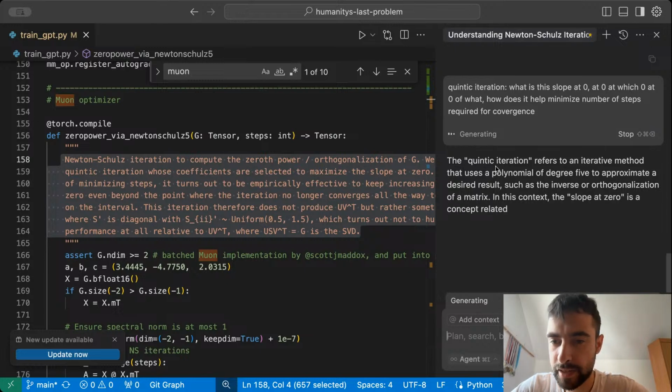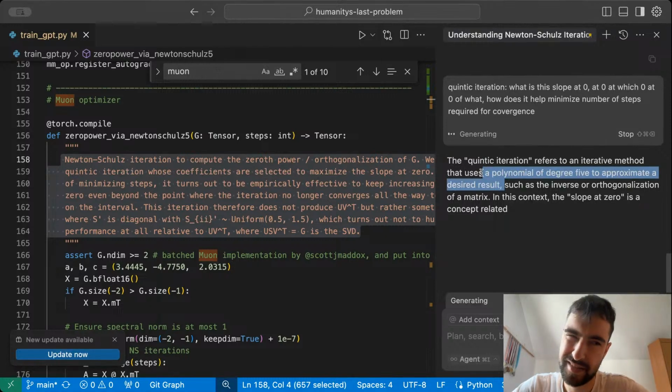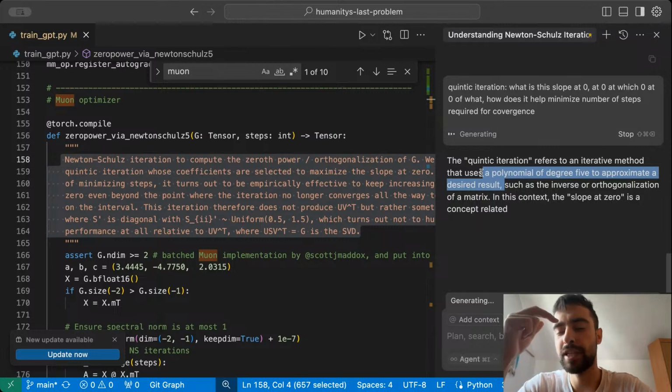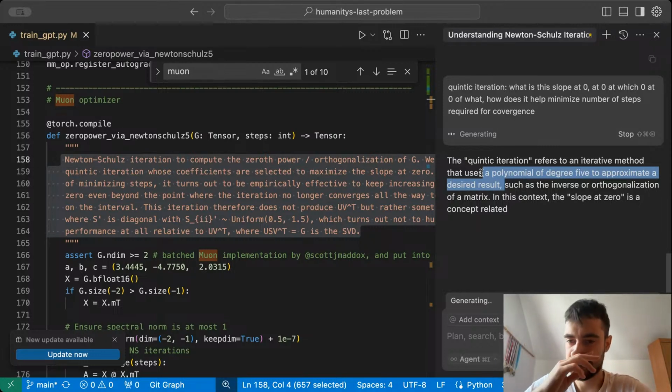The quintic iteration refers to an iterative method that uses a polynomial of degree 5 to approximate a desired result. Okay, uses a polynomial of degree 5 to approximate a result, such as... is it approximating the number or the function?